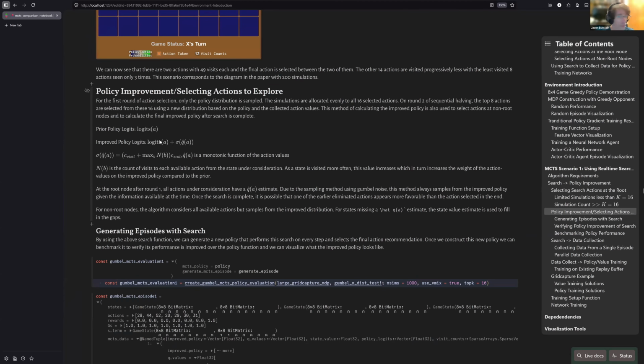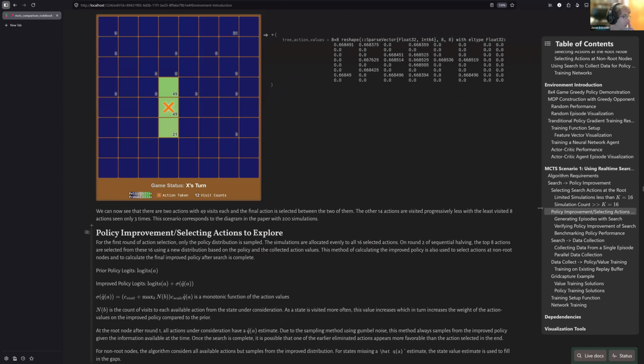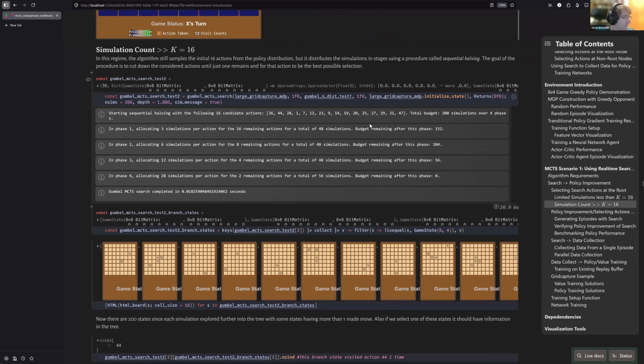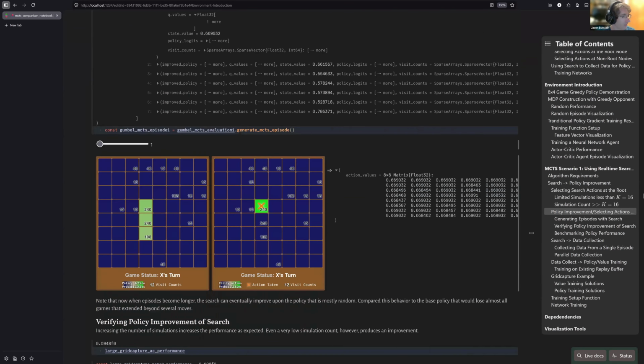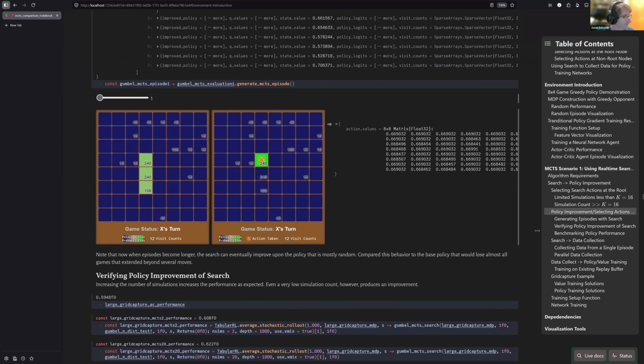This improved policy is actually using all of the search information. Once we've conducted one of these searches, we have all of the statistics from the root node, even from the states that were only visited 3 times. We can use all that combination of information to compute this improved policy.